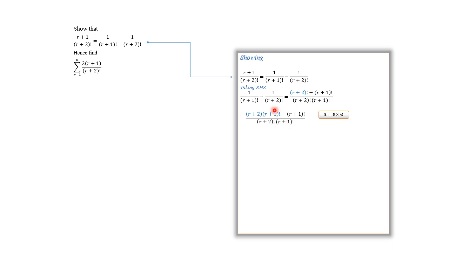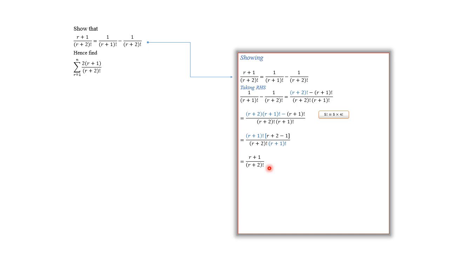Now we can factor out (r + 1)!, and we are left with (r + 2 - 1) all over (r + 2)! times (r + 1)!. So (r + 1)! will cancel with (r + 1)!, and we are left with (r + 1) all over (r + 2)!.